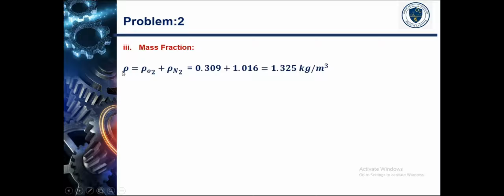The mass concentration of the mixture rho is equal to the mass concentration of oxygen plus the mass concentration of nitrogen. Next, the mass fraction for oxygen is evaluated by the mass concentration of oxygen divided by the mass concentration of the mixture. It gives the value of 0.233, which is the mass fraction of oxygen.